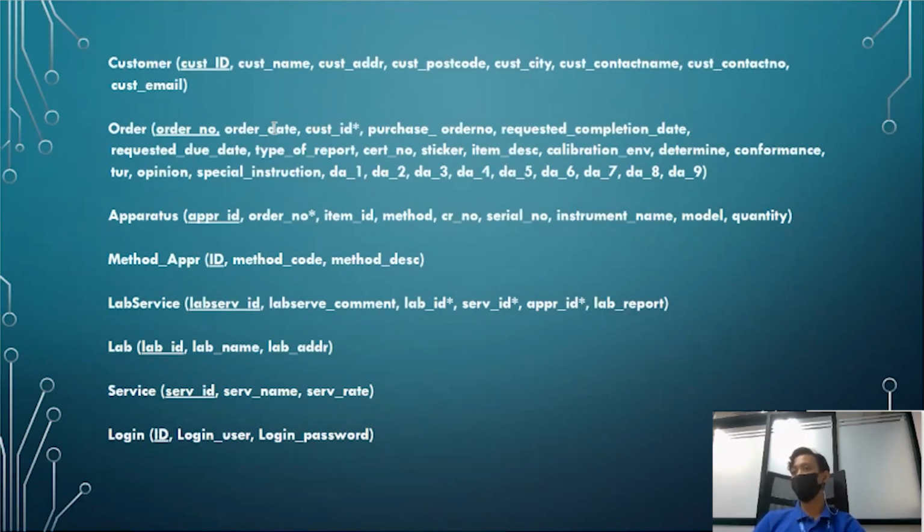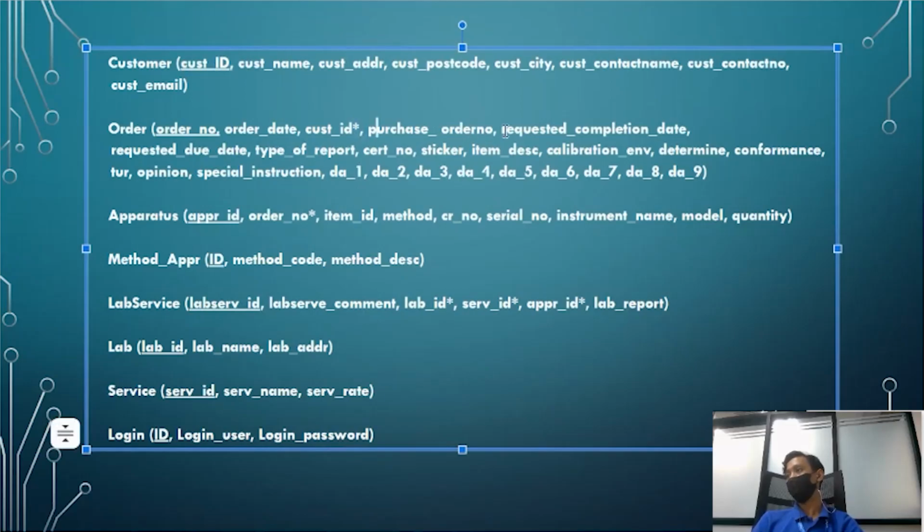As you can see, it is basically the tables. You can see the table name and also the table properties. The underline represents the primary key and the asterisk character represents the foreign key.